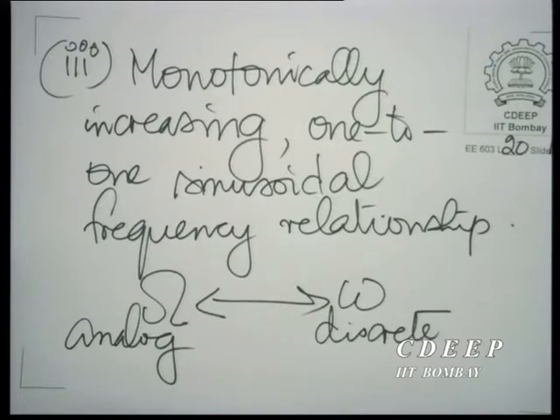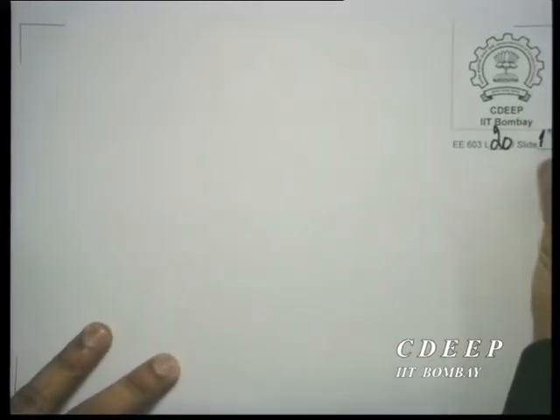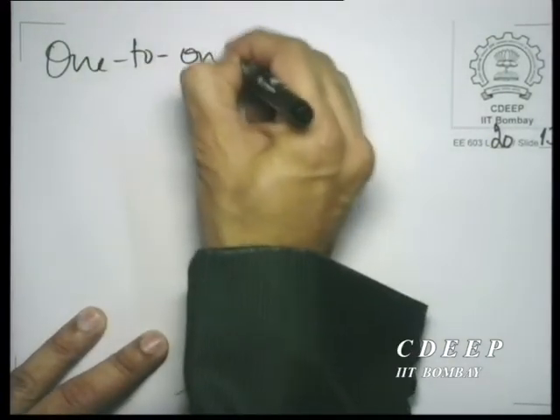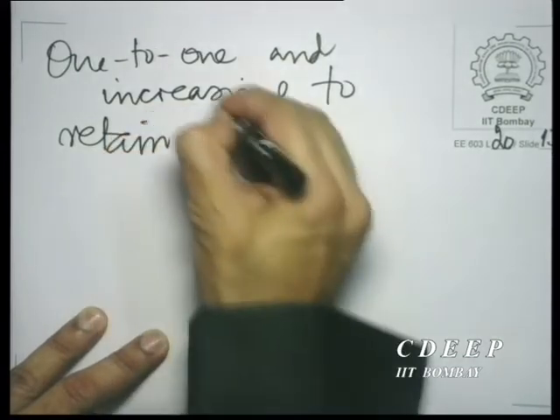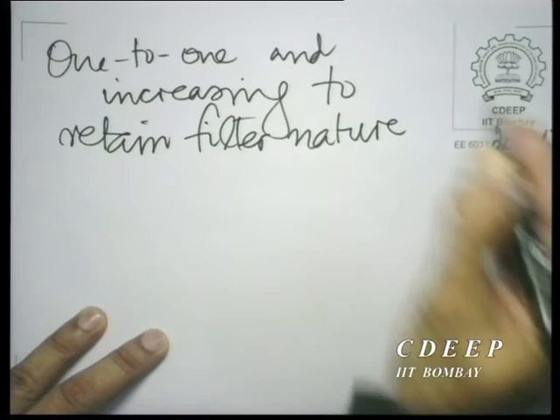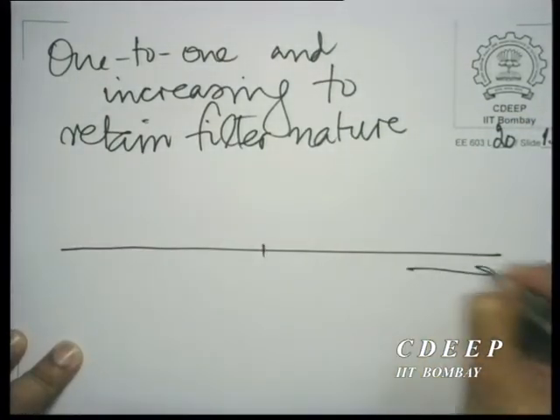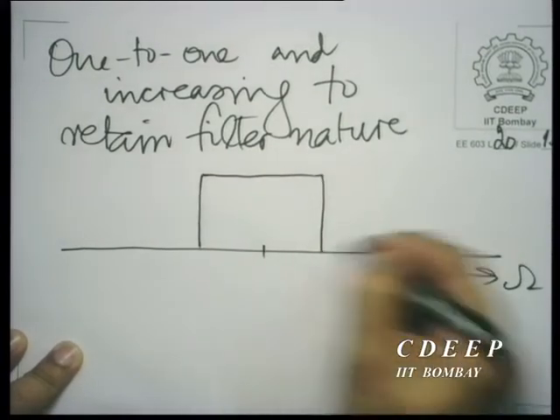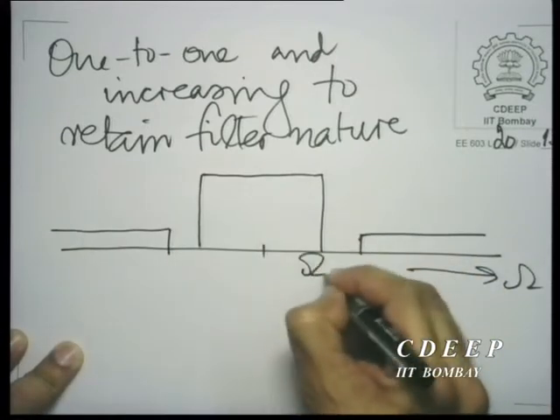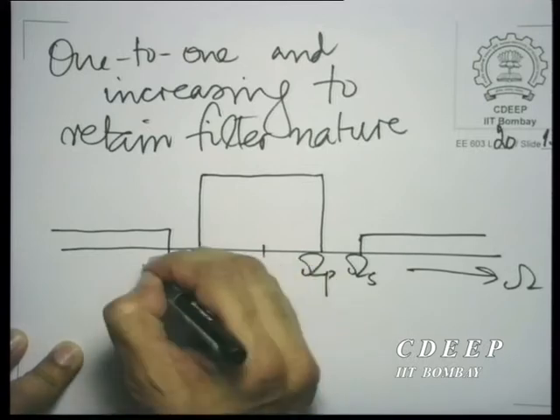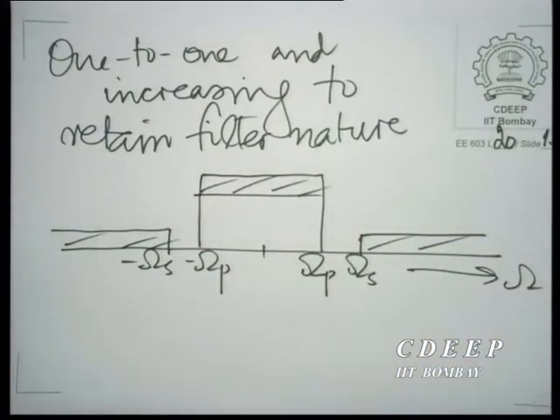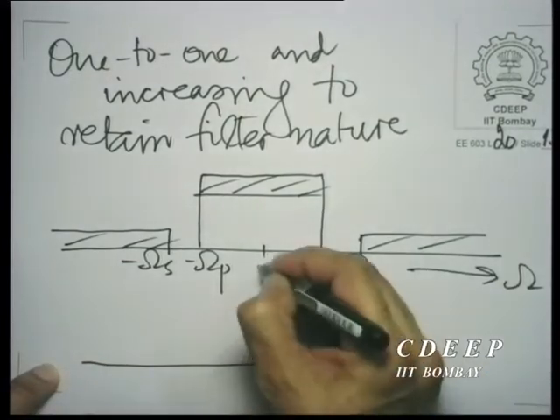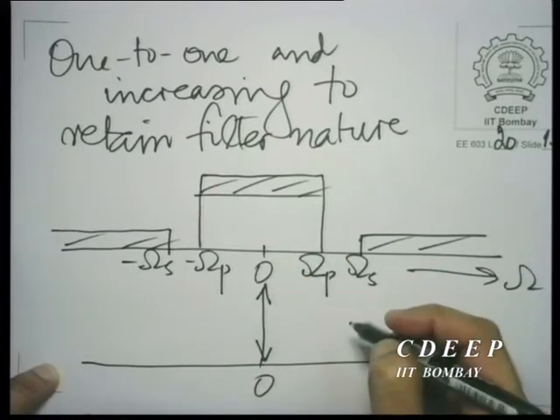Now, why does it need to be one-to-one? We have also put down the explanation. It needs to be one-to-one and increasing because we want to keep the nature of the filter intact, to retain the nature of the filter. You see, for example, in the analog domain, if you happen to have a low pass filter with its pass band and stop band edges, as we talked about the last time, and tolerances and transition bands, then under this transformation, 0 must come to 0.